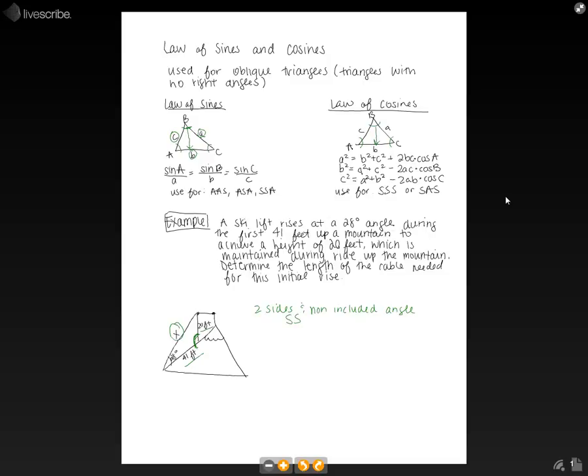So we're given SSA, which means we're going to use the law of sines. So this means we need to use our angles and the given sides. So let's draw this triangle out here and label this A, B, and C.